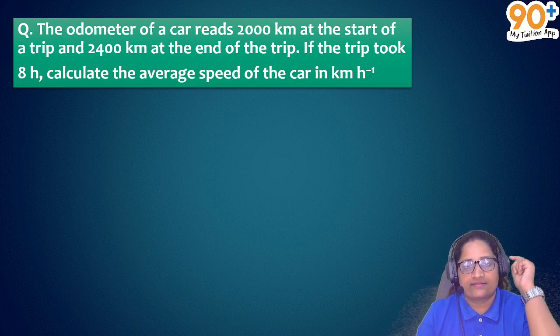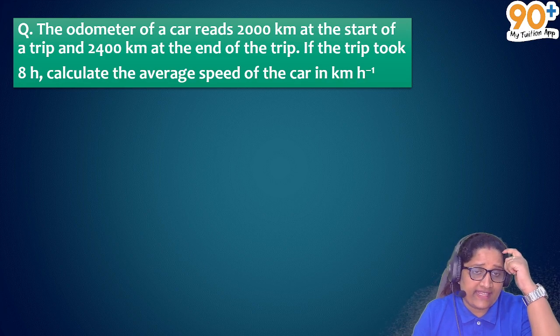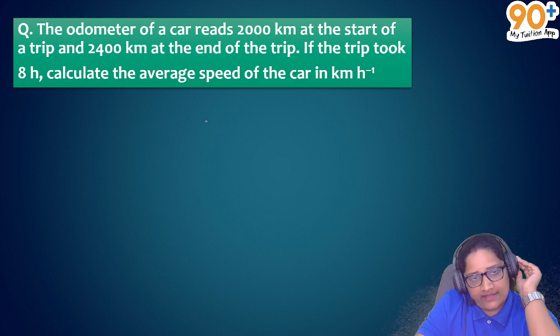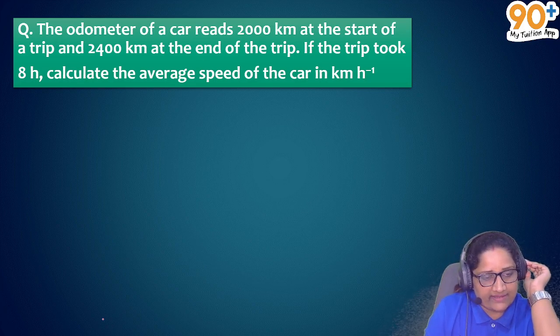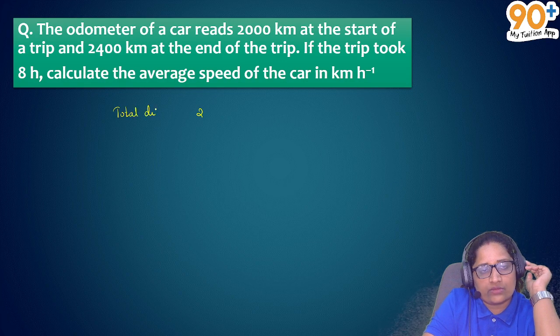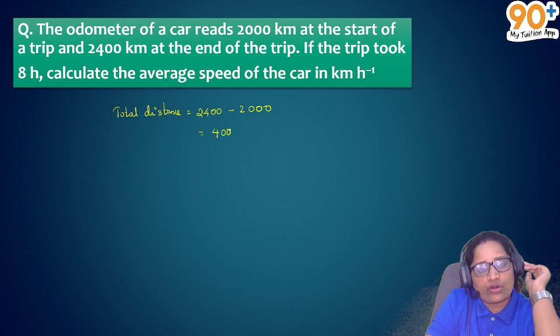See here it is 2000. Total distance is equal to 2400 minus 2000 kilometer. That is only 400 kilometer.